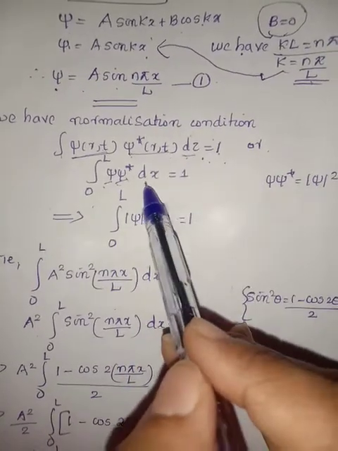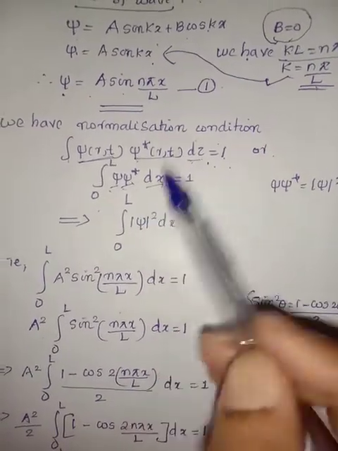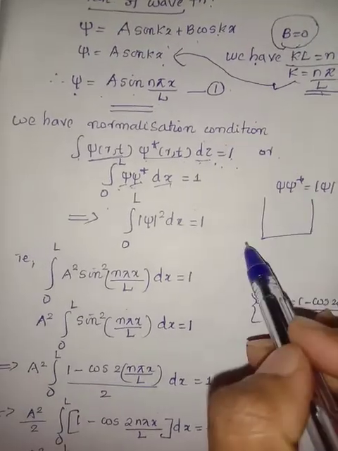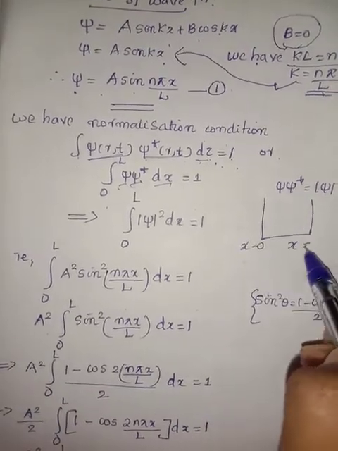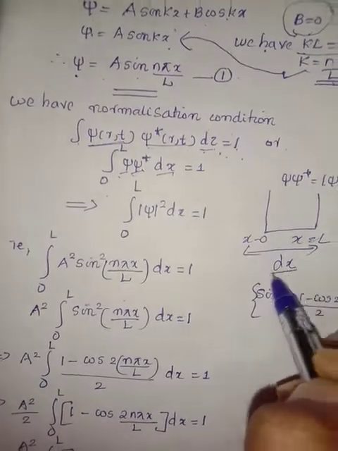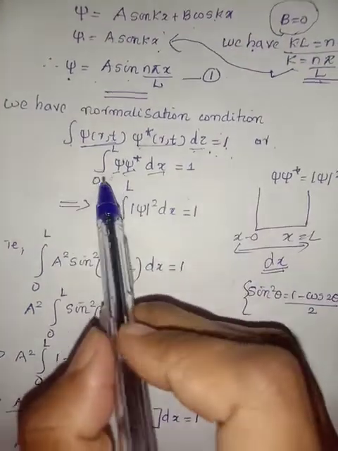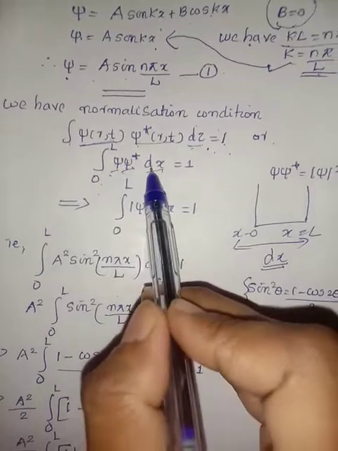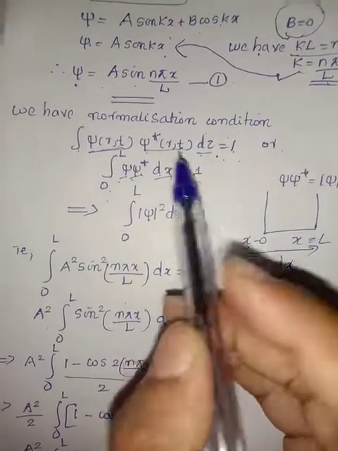Instead of d tau, I am writing dx because we are considering the x direction, x equal to 0 to x equal to L. The x values are varying, so we can take dx. So integral psi psi star dx is equal to 1.